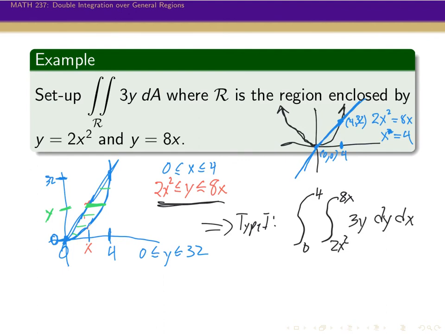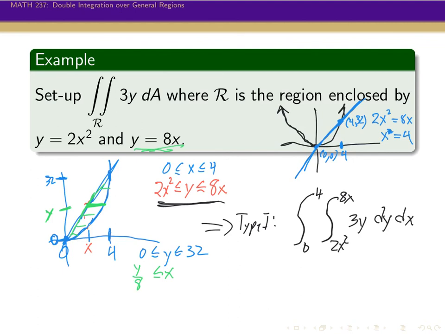So this means, since we're going on a horizontal line, we're going across x values. And so the inside function that we're hitting first is always the line. But we want to write this line now as x equals something in terms of y. So rather than y equals 8x, we want to think about it as x equals y over 8.